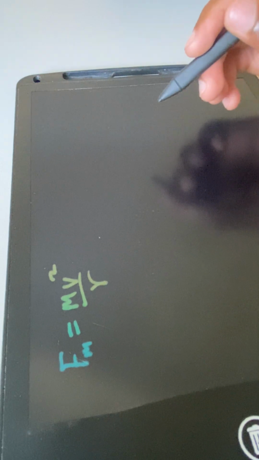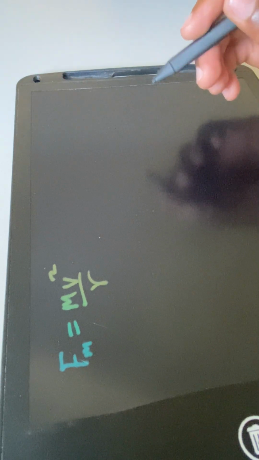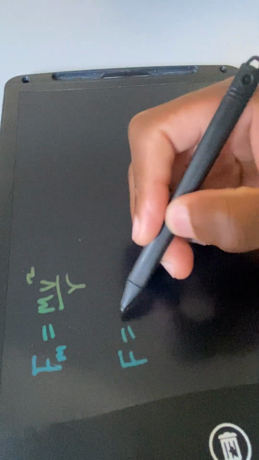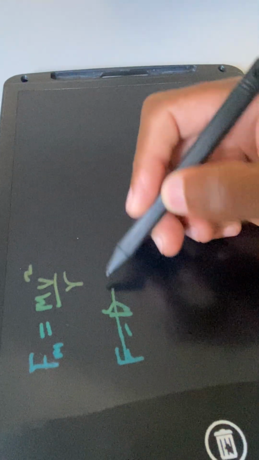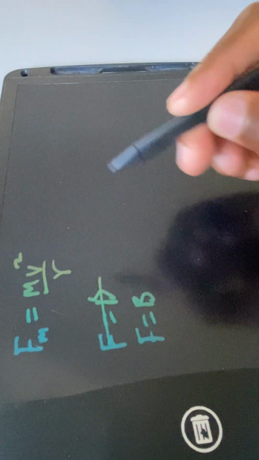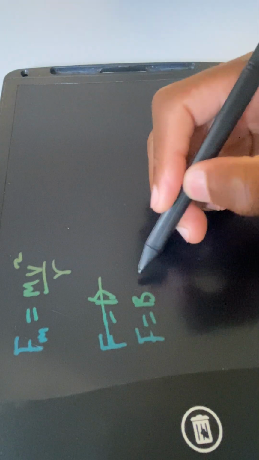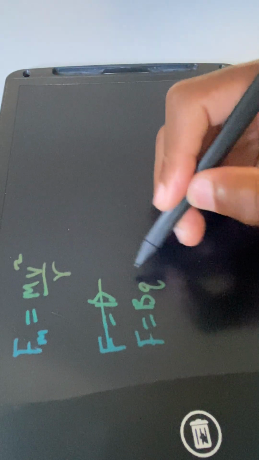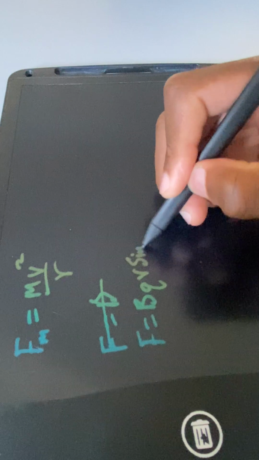Now remember again, we represented the magnetic force as F equals the magnetic field intensity B times Q times V sine theta.